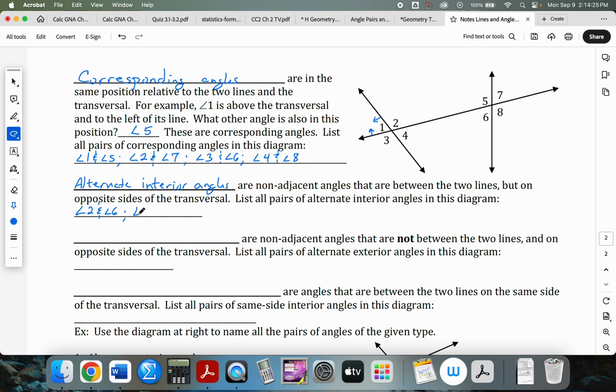There's another pair, and it is angle 4 and angle 5. 4 and 5 are not adjacent. They're between the two lines, and they alternate sides of the transversal. 4 is below the transversal, 5 is above. We can also have alternate exterior angles.